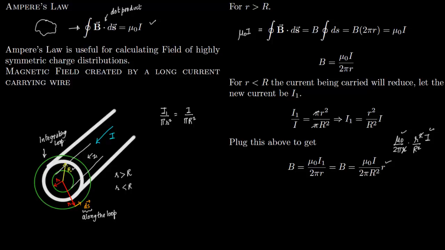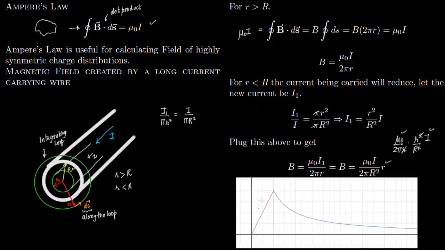In the graph this looks like this. From this point to this point you're inside the wire, and this is the distance r. When r is equal to R, the magnetic field is the maximum. As you can see, this is a linear function. The magnetic field is a linear function of small r. So as r increases, it keeps on increasing inside the wire.